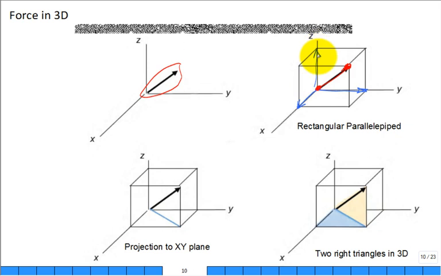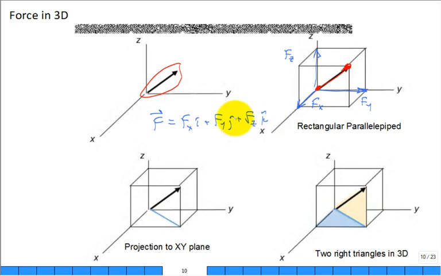If I add these three forces, the resultant will be that single force that cuts across the diagonal. So this here is F_x, F_y, F_z, the magnitude of the travel in the x direction, the y direction, and the z direction. The general representation of the force is F_x i plus F_y j plus F_z k.